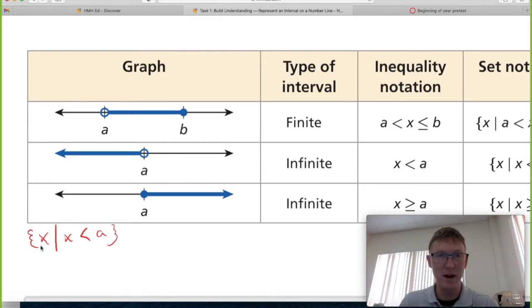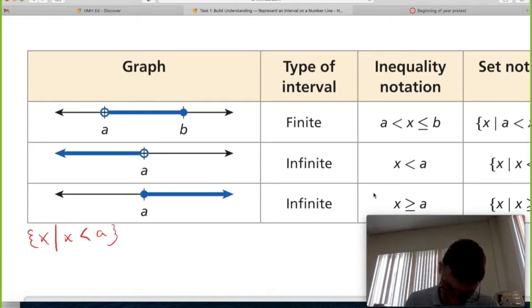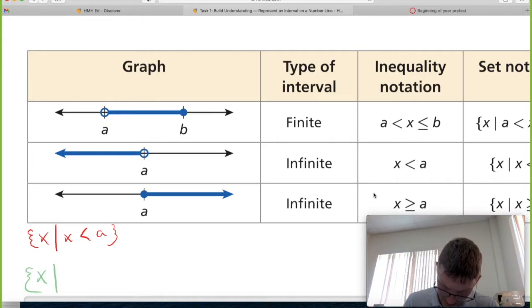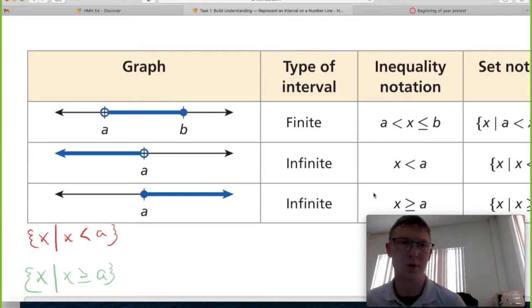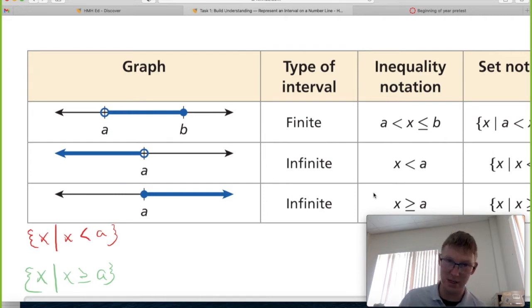So inside of the brackets is our set, and our set is x such that x is less than A. Then in green, for our inequality, we'll do our set notation. We've got x such that x is greater than or equal to A, close bracket, which I totally missed. So that's our formal set notation.